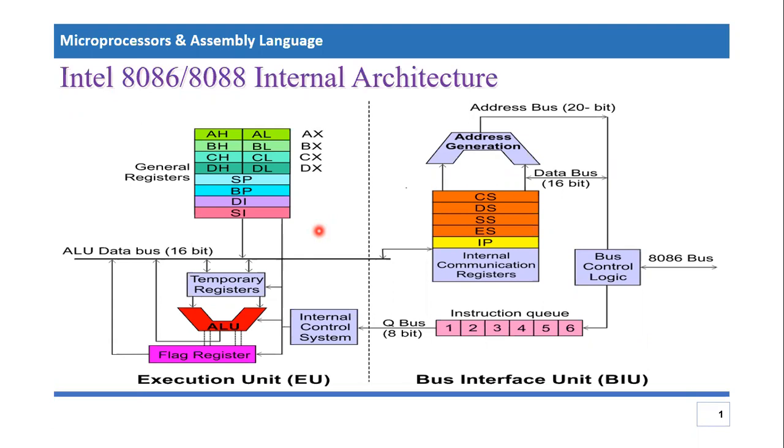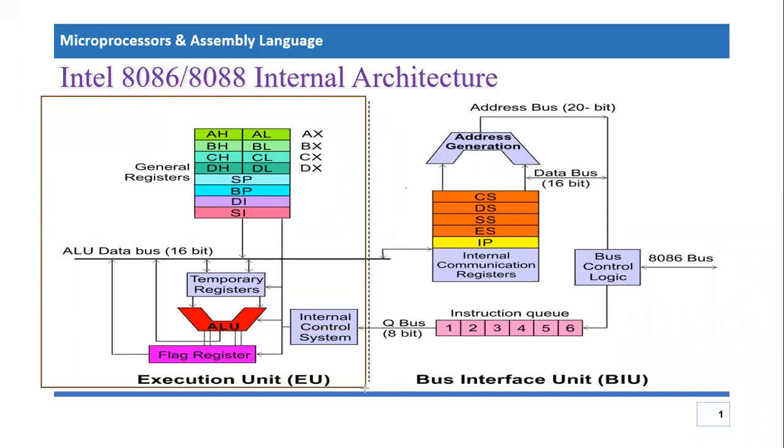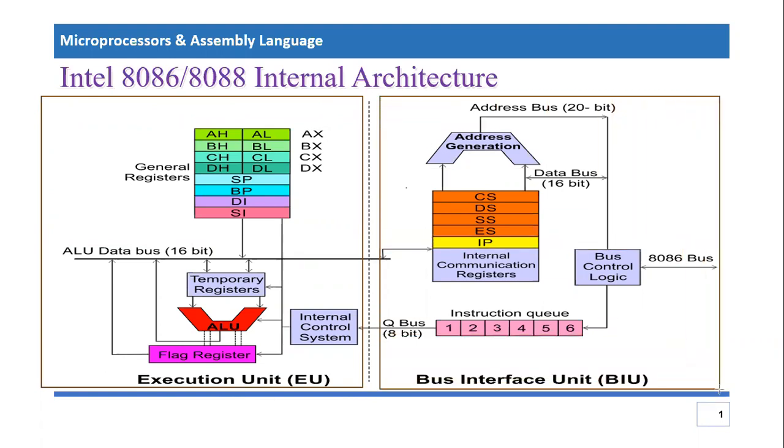Before we proceed to understand how this architecture works, you need to know that it can be divided into two different parts. One is the left side unit, let me highlight it for you. This specific unit is the execution unit, you can see the name at the bottom. And this right side portion is the bus interface unit.